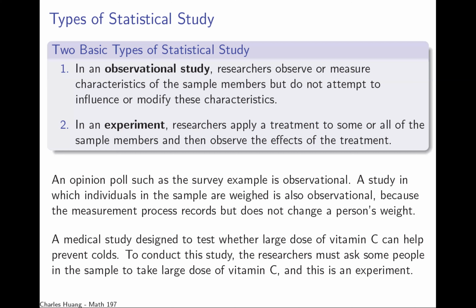We want to test whether a certain medicine or substance, like vitamin C, can help us prevent colds. In this case, we have to give the vitamin C to our participants, to our sample, and then we measure them after. So this is an experiment, because we're making a change.